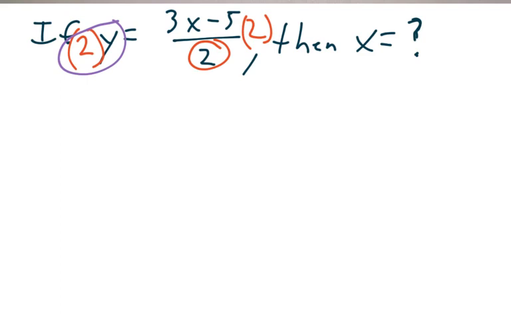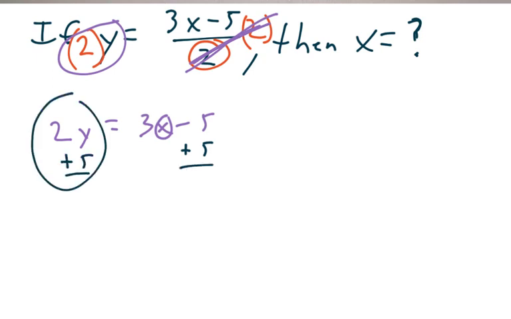So, on the left, we'll now have 2 times y equals. On the right, the 2's will cancel each other because 2 over 2 is 1. And we're just left with 3x minus 5. Now, remember, our goal is to get this x by itself here. So the next thing we're going to do, please ignore the bell, is we're going to add 5 to both sides.